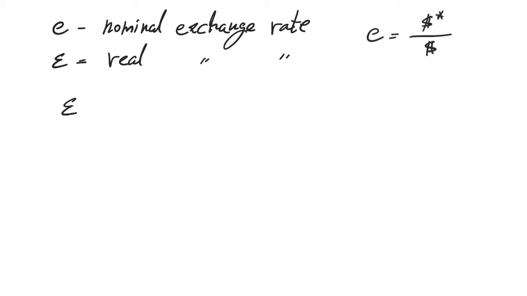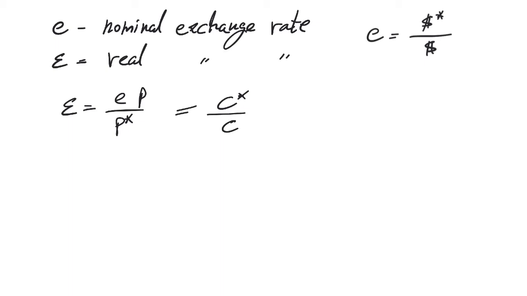Accordingly, the real exchange rate is going to be the nominal exchange rate multiplied by the price abroad divided by the price at home, and that will give us the exchange rate in units of consumption. So it would give us how many units abroad are required to buy one unit at home. And so that would be the exchange rate in real terms.